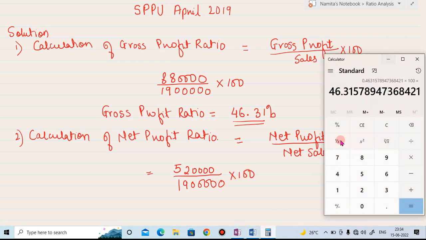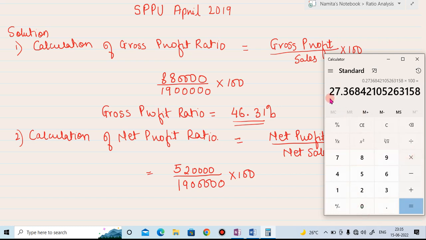So 5,20,000 divided by 19 lakhs multiplied by 100.